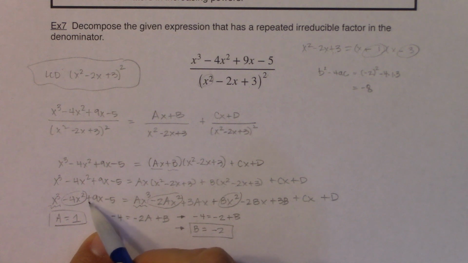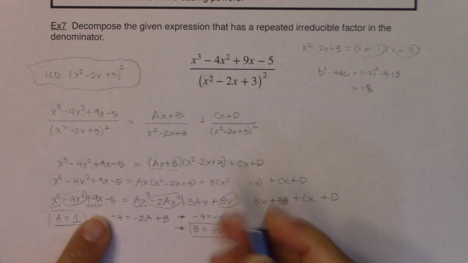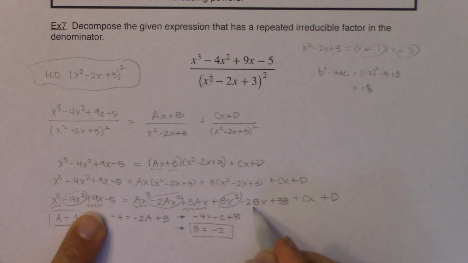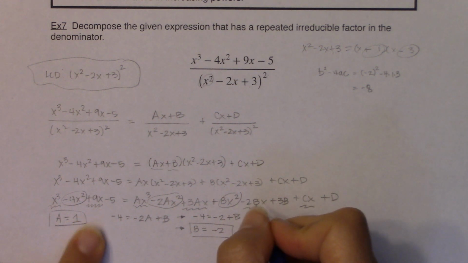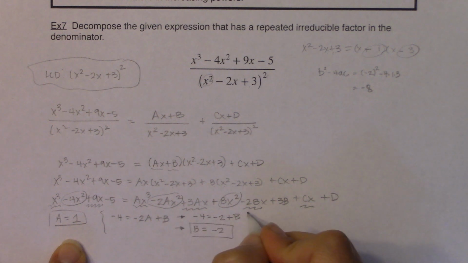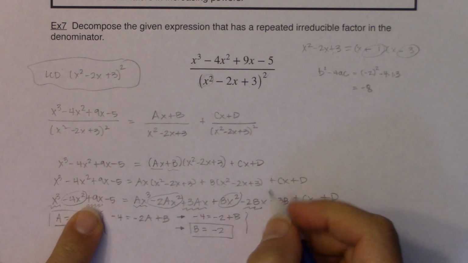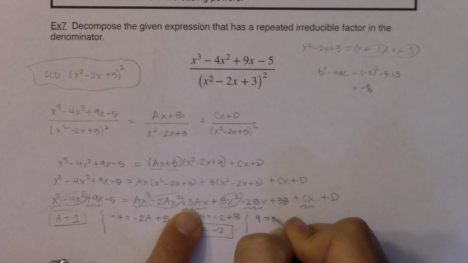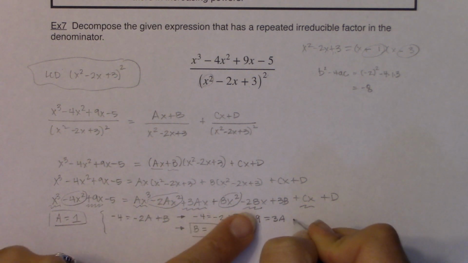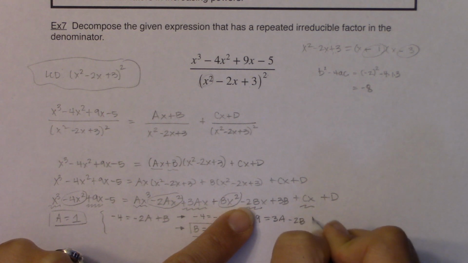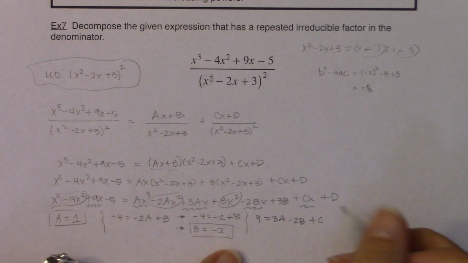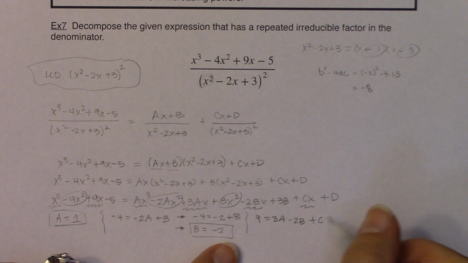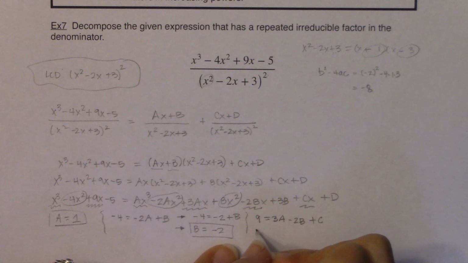All right, let's take a look at linears. 9x, 3ax, negative 2bx, cx. Let me put just a little separator. So I'm going to have a 9 here. That's going to be equal to 3a minus 2b plus c. But again, I know what a and b are, so let me substitute this in.